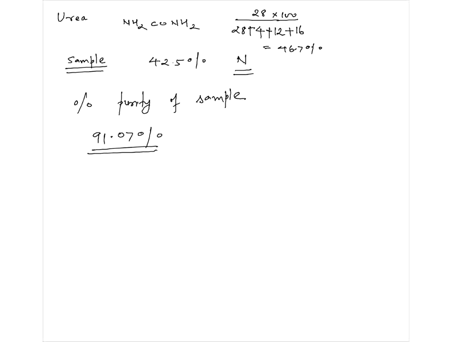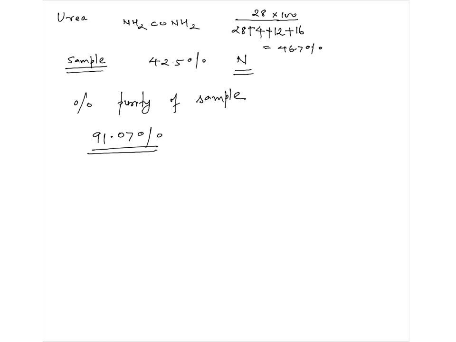Now, the problem here is that nitrogen percentage in urea is fixed and it is not 42.5%. And we can easily find out what is the nitrogen percentage in urea.